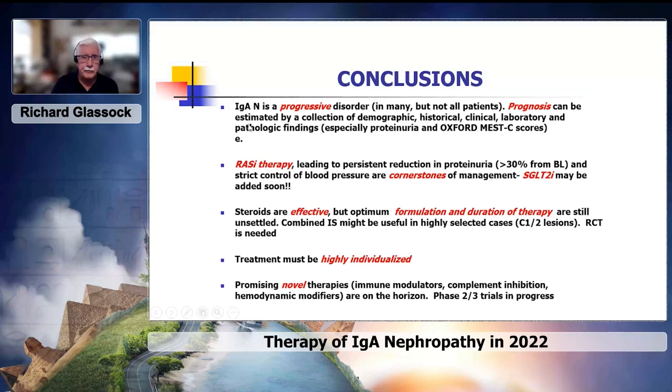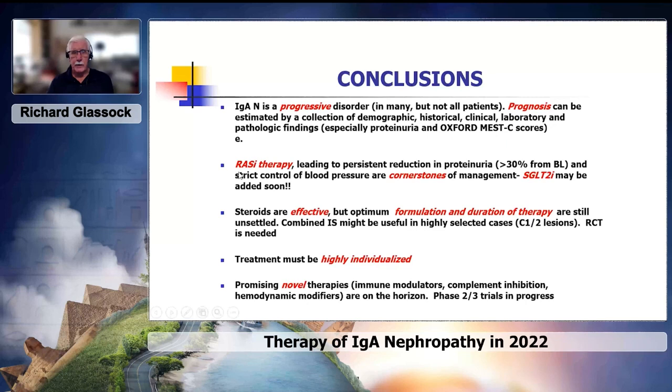In summary, IgA nephropathy is a progressive disorder in many but not all patients. The prognosis in individual patients can be reasonably estimated by a collection of a variety of pieces of evidence.